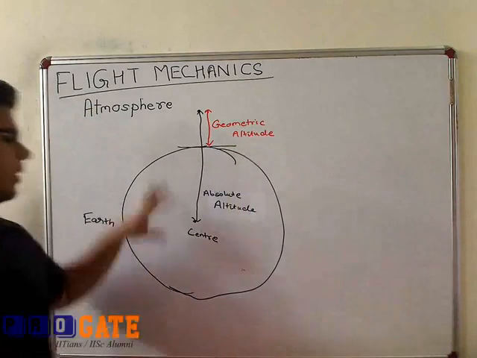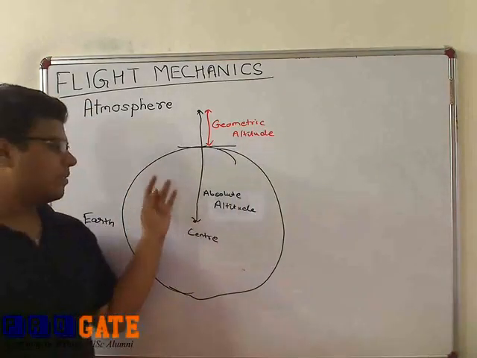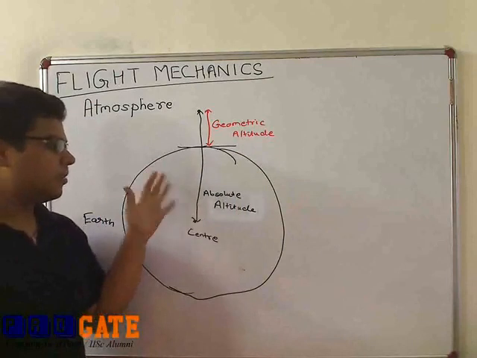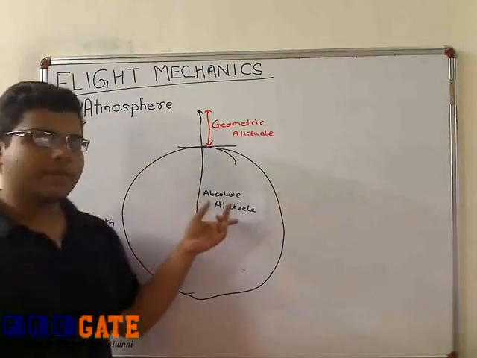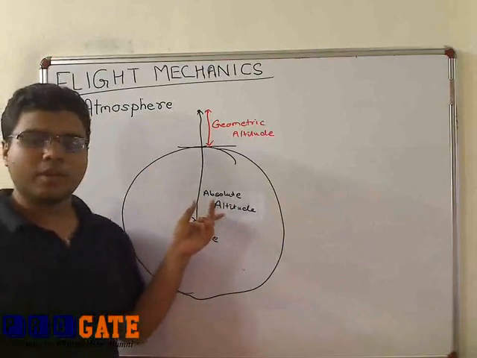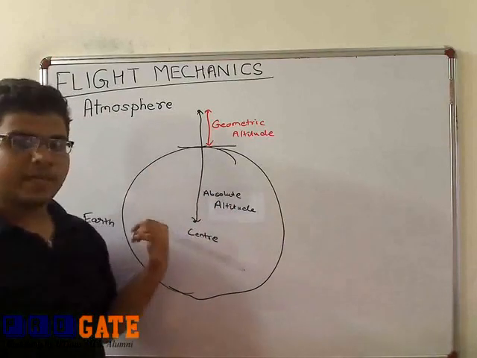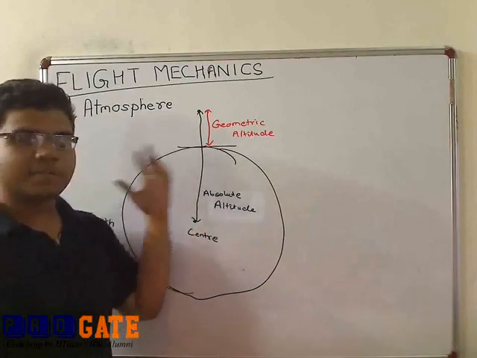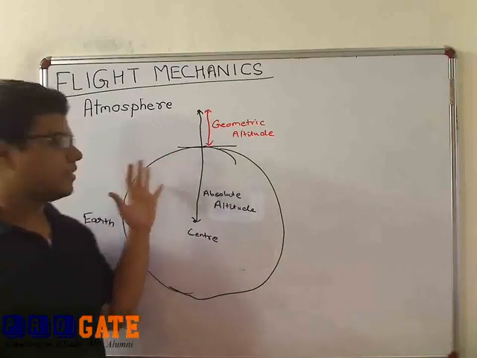Absolute altitude is used in places where we are interested in the modeling of aerospace vehicles, more specifically space vehicles like satellites or interplanetary rockets.